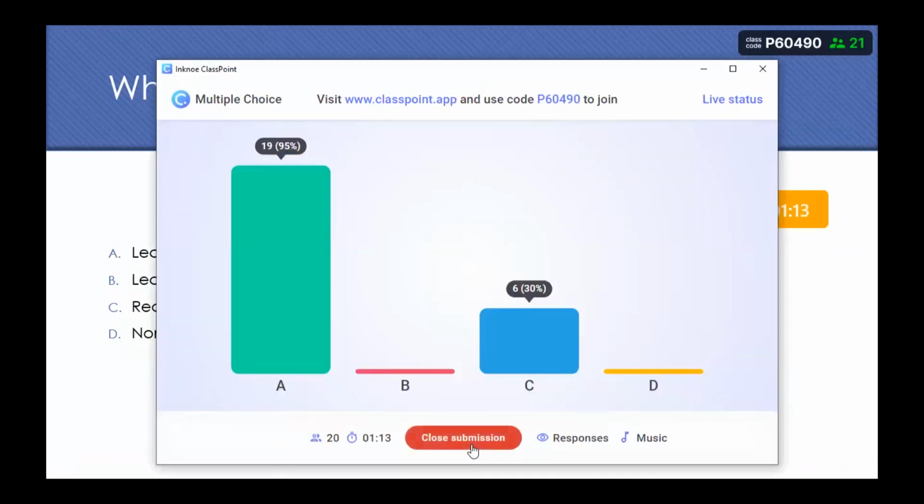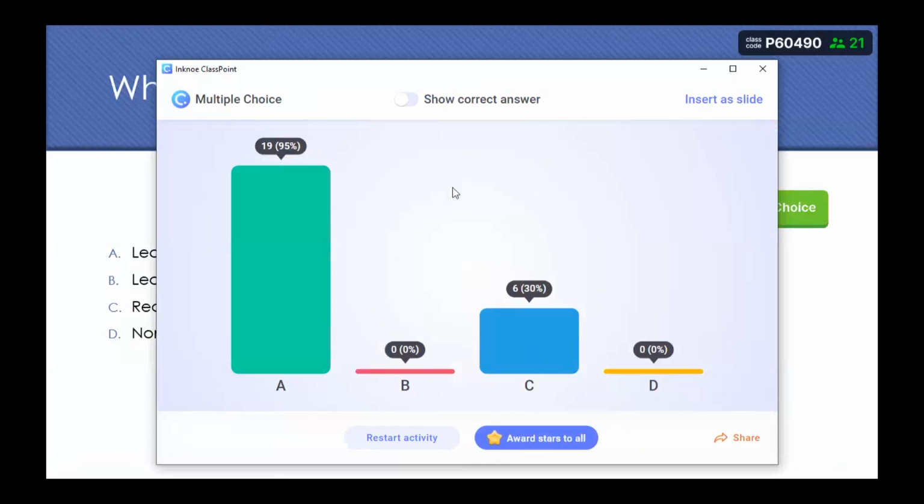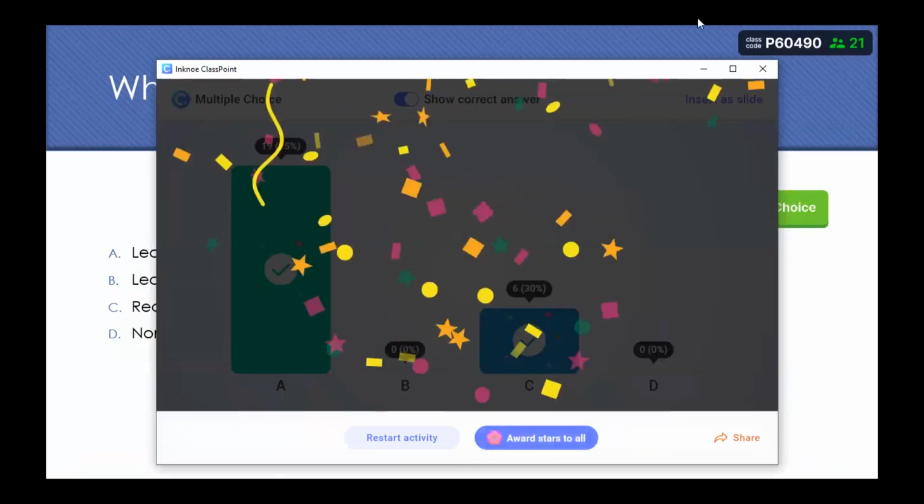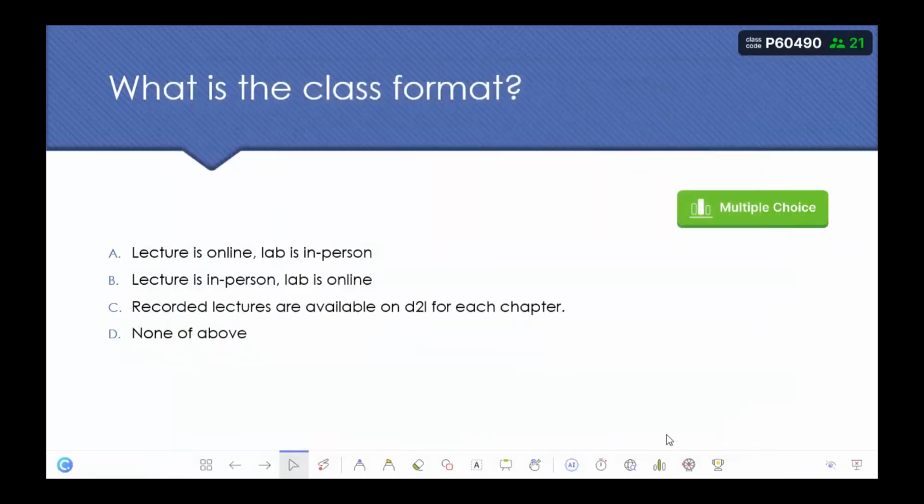What is the right answer? A and C. So it seems that everyone knows the class format. Perfect. So next.